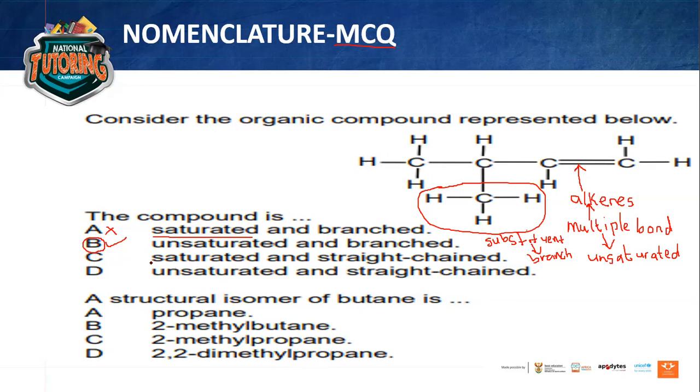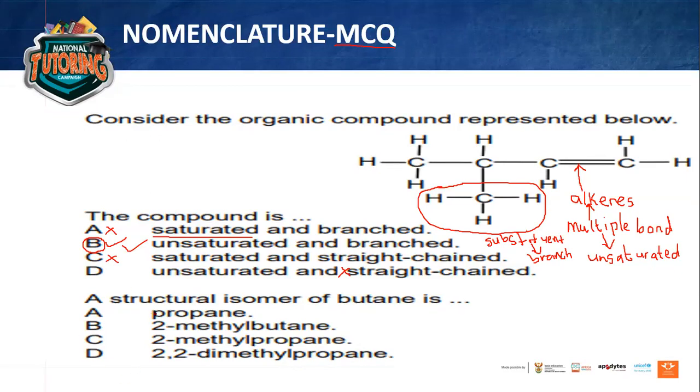This one I already see is wrong because of saturated. Even straight chain is wrong because there is a branch. Unsaturated for option D is correct, but you see the straight chain part is wrong because there is a branch. So the correct answer is option B for 2 marks.